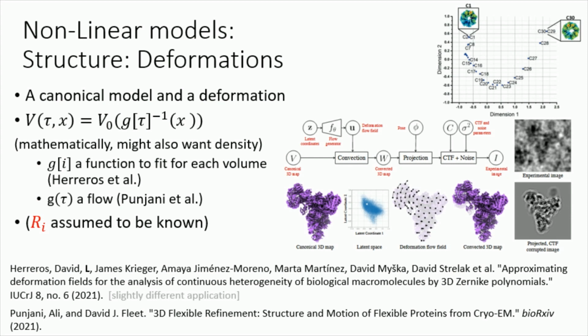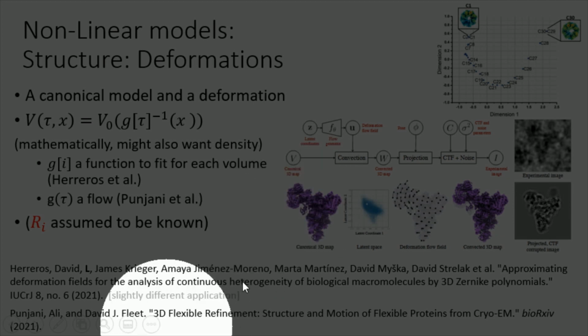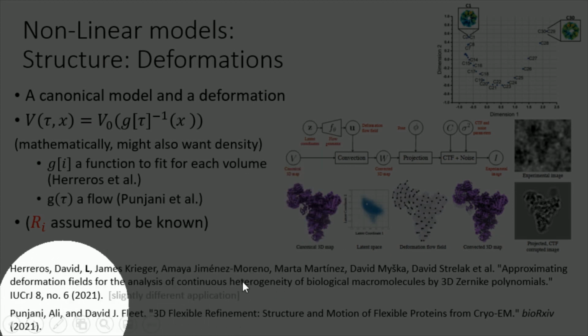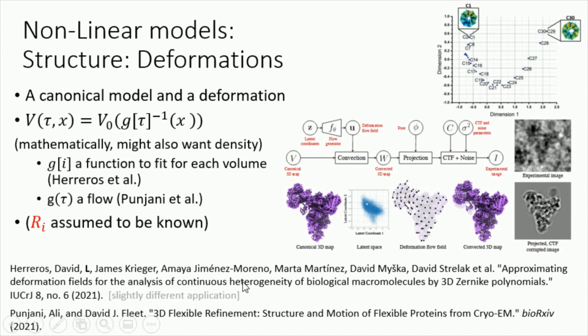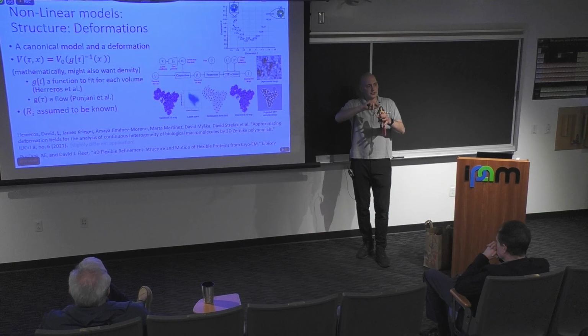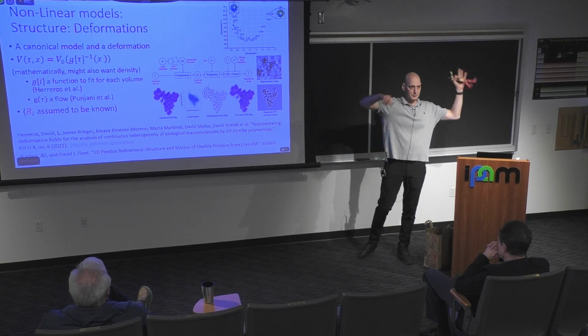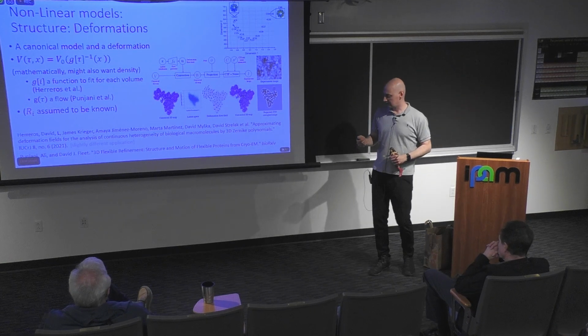We had a version of this with Carlos Oscar, and there's a version that Ali Punjani and David Flitt wrote that uses neural networks with these neural flows. That's a model: you have a reference object, and you're restricting yourself to deformations of the reference model. Things can't just appear and disappear everywhere.